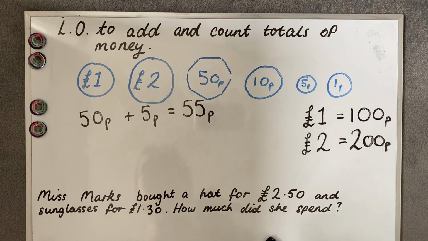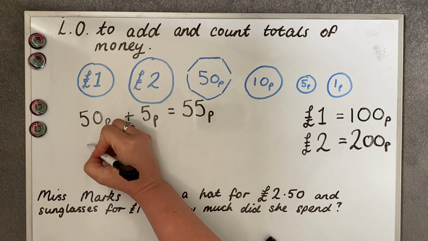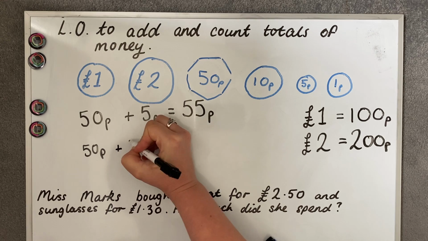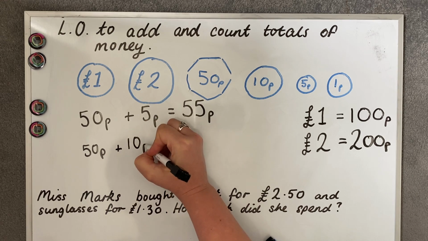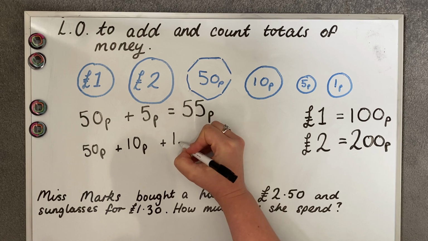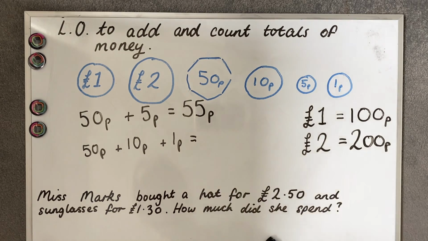Now, sometimes you might get a question that uses a few different coins. So our question might say, what is the total of a 50p, a 10p, and a 1p? When we've got 3 things to add together, it might be a little bit easier to start off with 2.